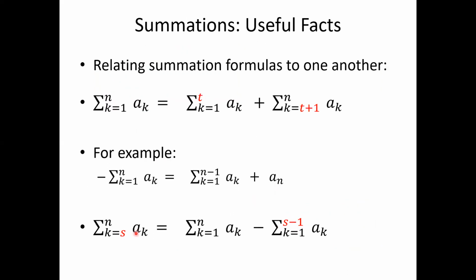Well, I can, because I use the closed formula here for all squares starting from the first up to n, and then I use the same closed formula to subtract out the first s minus 1, which is this. And I have the same closed formula for this, but now it will be a closed formula where n is s minus 1, right? So that's how you would use this manipulation. An example of how you would use it.